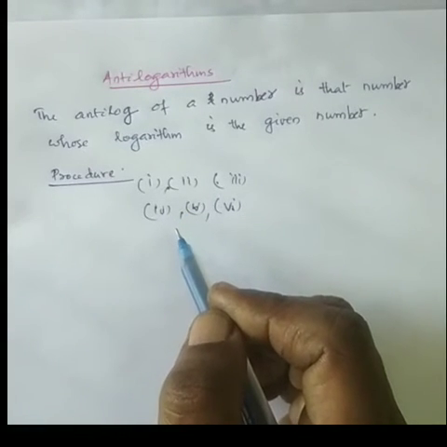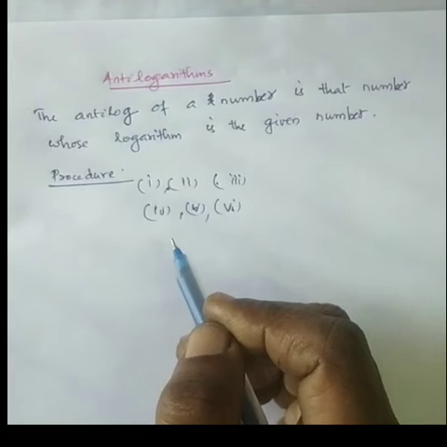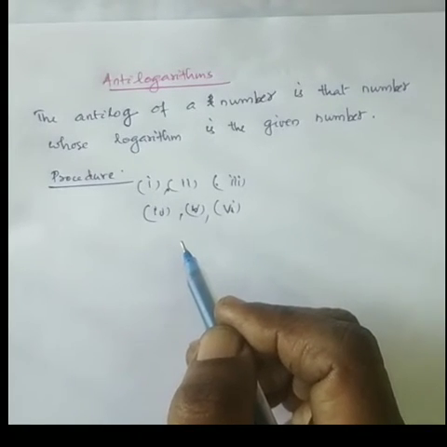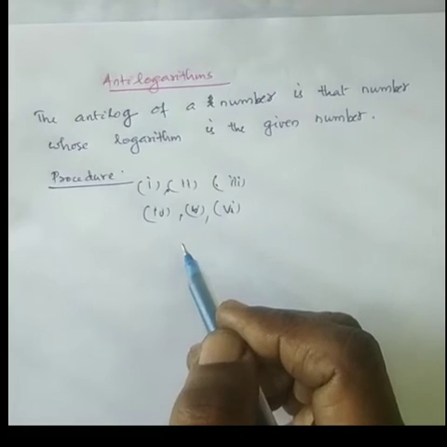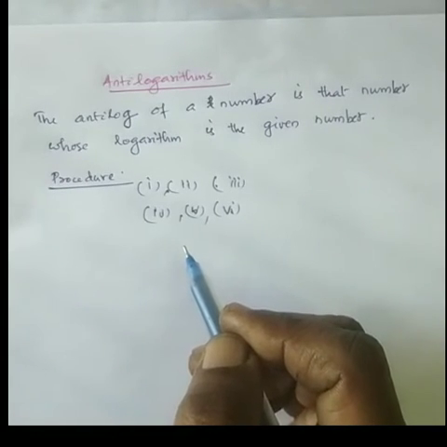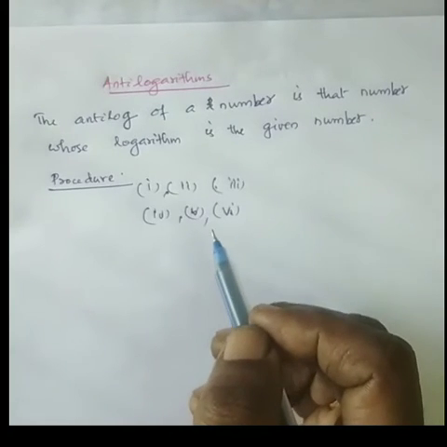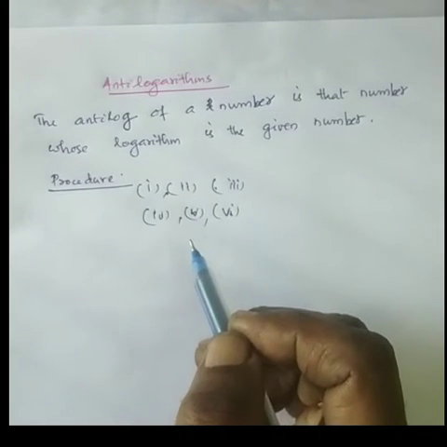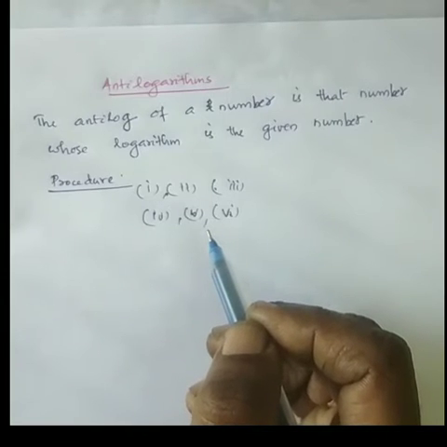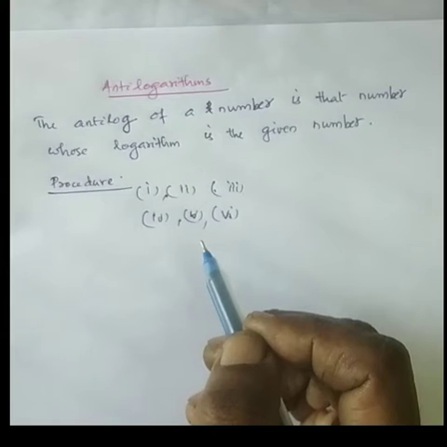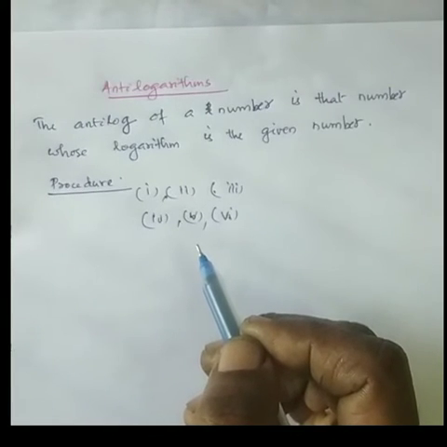There are three conditions. First condition, if the characteristic is 0 or positive, in this case the number of digits in the whole part of the desired number will be 1 more than the characteristic. For example, if the characteristic is 2, then adding 1 we get 3. Thus the decimal point will be after 3 digits to the right side of the number obtained from antilog.